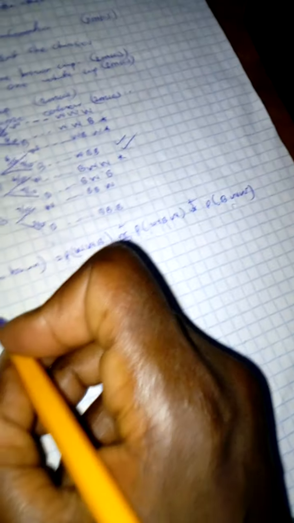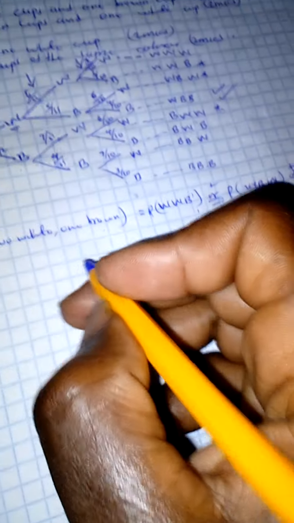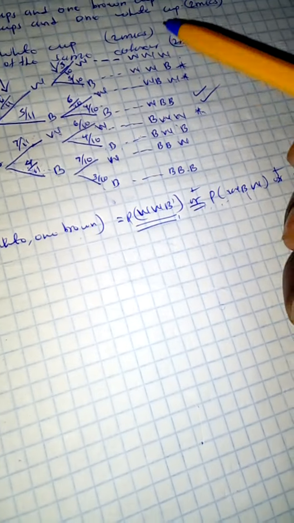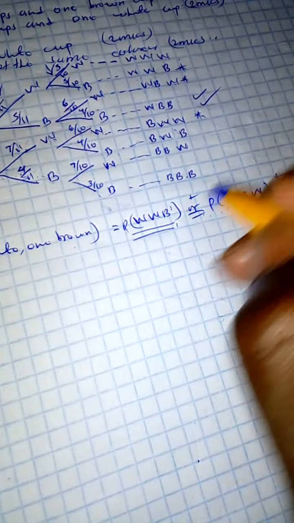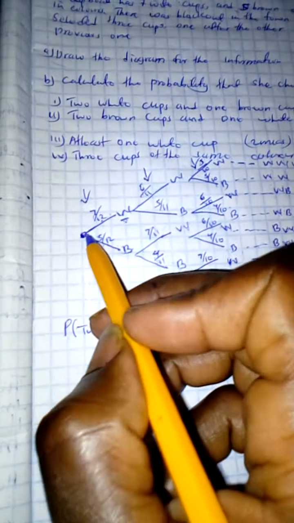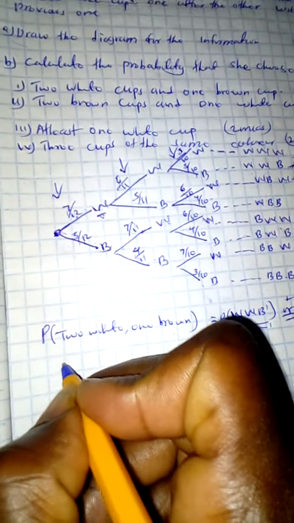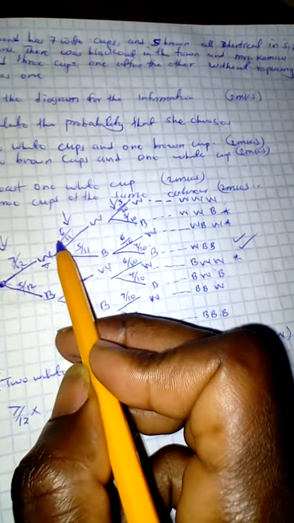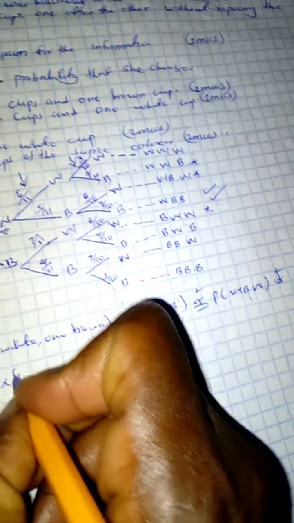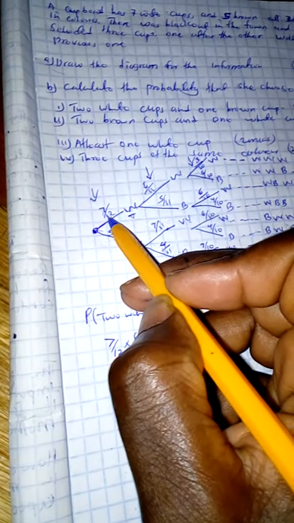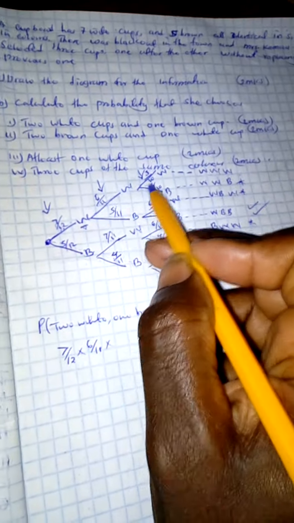Now, how can you calculate that? We follow all these terms in the tree. White, white, brown. Where is the white, white, brown? This one here. We follow it from this point. We find that the probability of white, white, brown is 7 over 12 times 6 over 11 times 5 over 10.